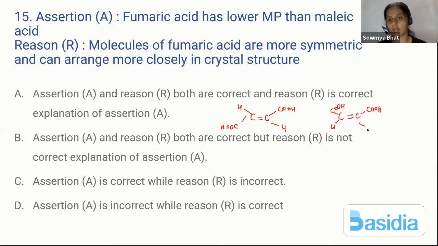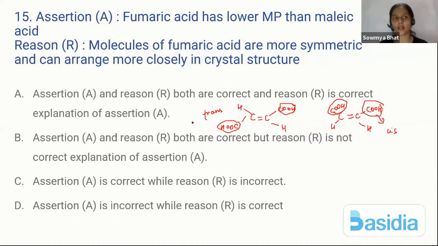So the first one is a trans form. Trans in the sense COOH groups lie on the opposite sides. And this is a cis form where the main principal functional groups lie on the same side. So this is called as a cis isomer.